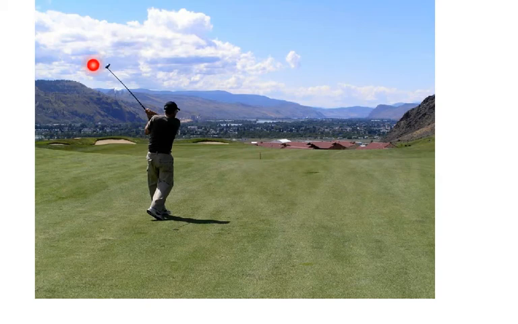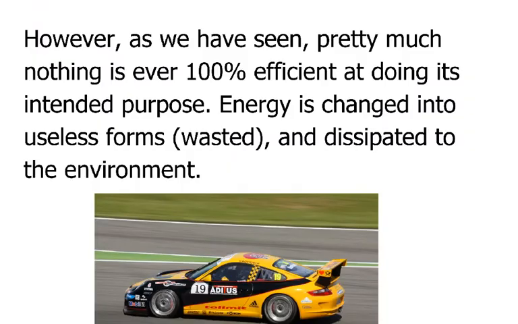There's a lot of energy transfer going on here that does not involve making the ball go, but all of that energy is needed in order to accomplish the goal of making the ball fly through the air. So the useful energy in this case is the ball flying down the course, and you get all this other stuff happening as well, which is not useful for that. Again, that goes to efficiency. How much of the energy actually went into the ball?